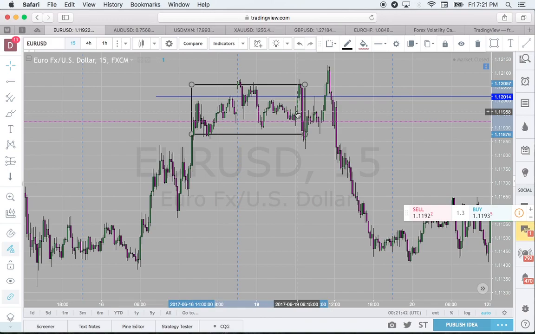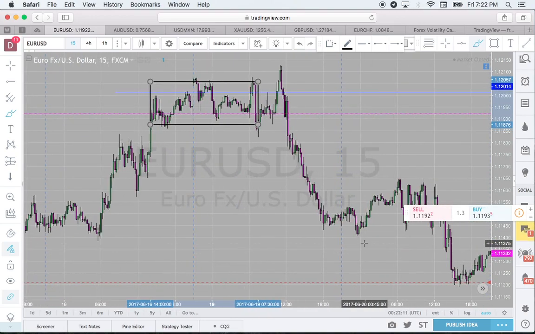For each pair it's different, some pairs it's less, some pairs it's more volatile. But this consolidation has to happen in order to trap liquidity in one zone to be able to move the market to another zone.